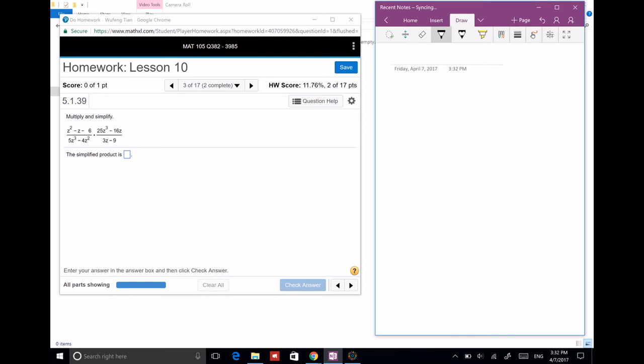Okay, next question. Multiply and simplify. So basically we factor all of them. The first one you factor is z squared minus z minus 6, which is z minus 3, z plus 2. The second one, the bottom 5z cubed minus 4z squared, the common factor is z squared, factor it out, and 5z minus 4. The multiply 25z cubed, we factor z out, and have 25z squared minus 16.